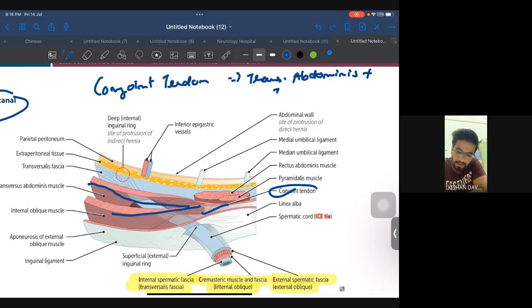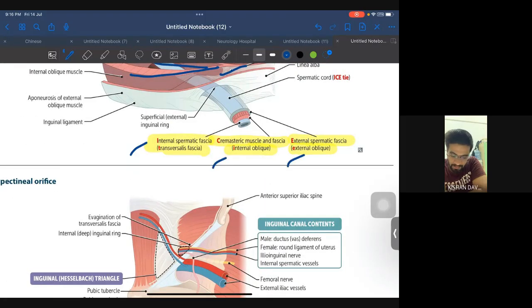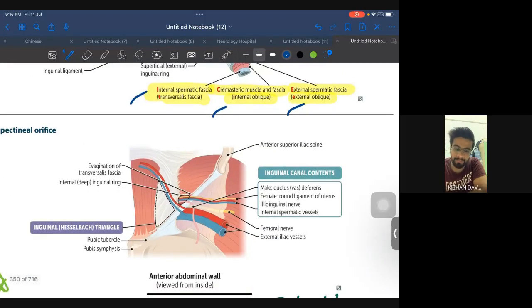So this is important. All these points that I have made you write down are from UWorld. They have asked the question, and in NBME also one or two questions have been asked. So this becomes important. If you don't understand anything here, the best way is to go back to your notes and refer.